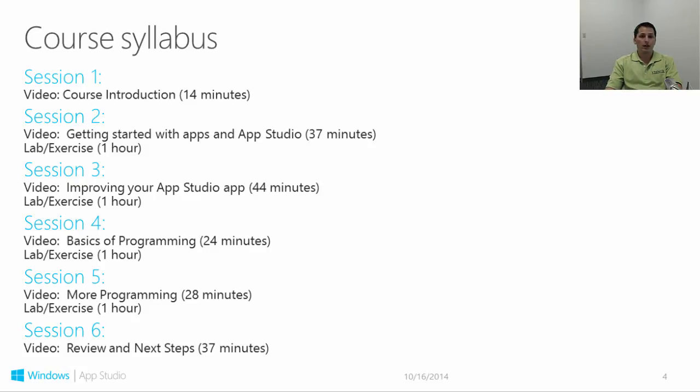In session 3, we start diving a little deeper into app development. We'll get an understanding of app navigation, controls, data sources, and bindings. Then we'll bring our App Studio app over to Visual Studio and explore dynamic data sources in the Windows Phone emulator. In session 4, we will take a closer look at the Visual Studio solution created for us by App Studio.